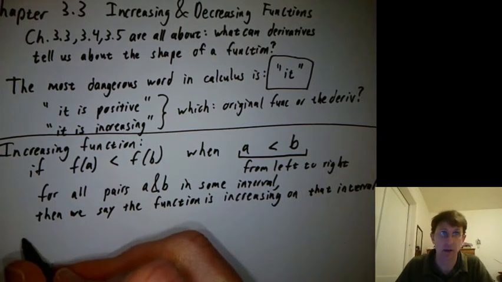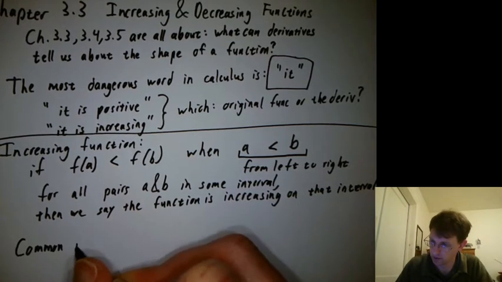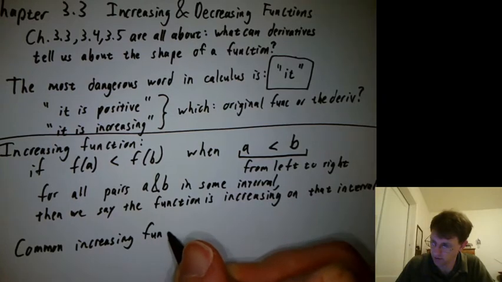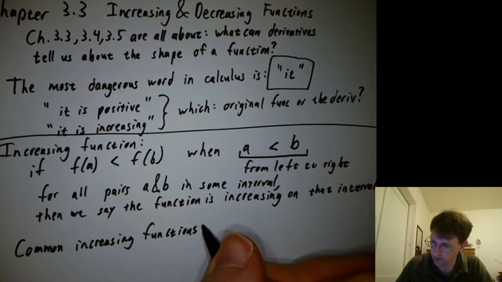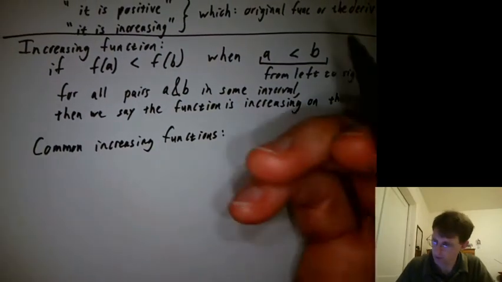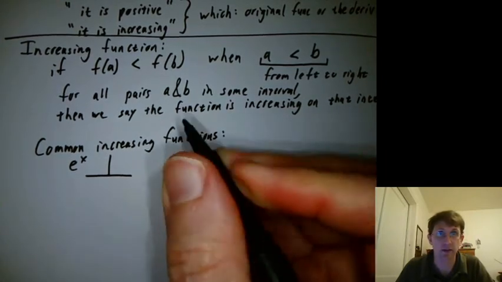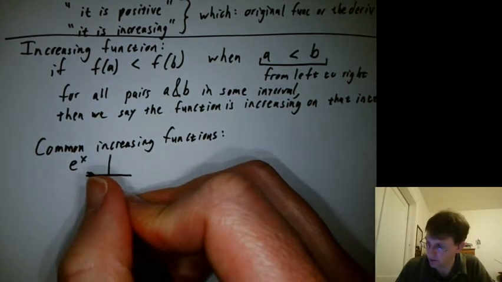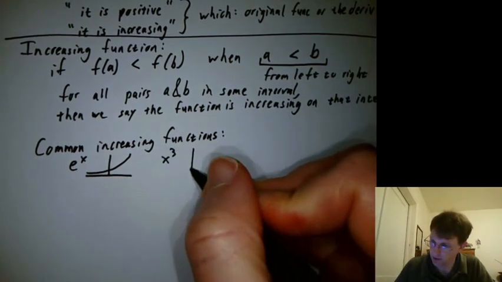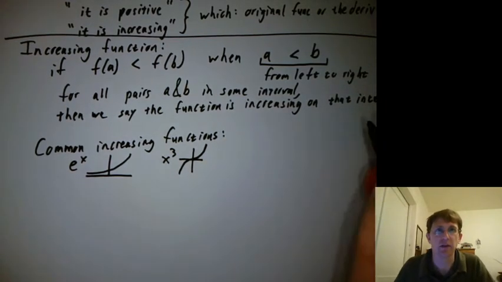So what are some common increasing functions? Just to get a feel for it. How about e to the x? Sketch in your mind what that looks like before I draw it. Ready? E to the x looks something like that. X cubed, you probably have a good picture of that already. Can you say cubics are increasing?